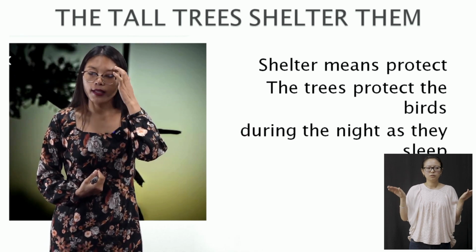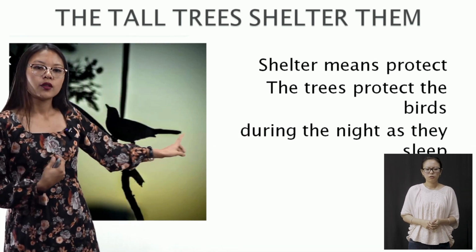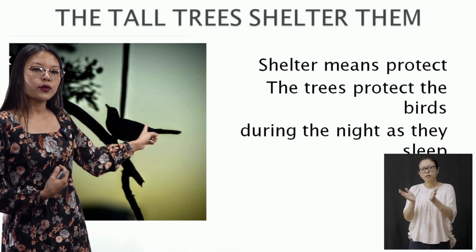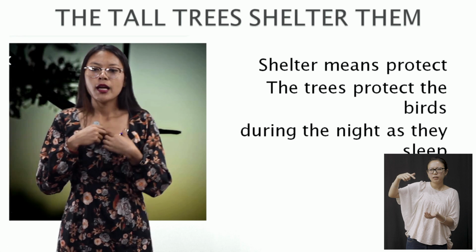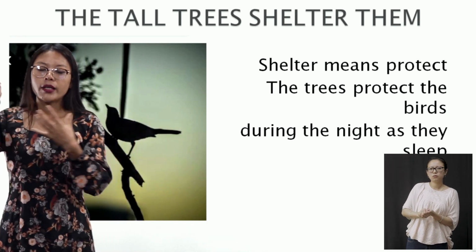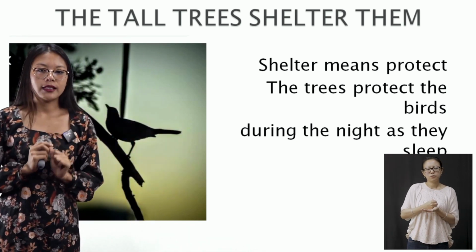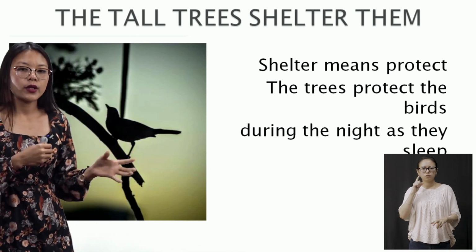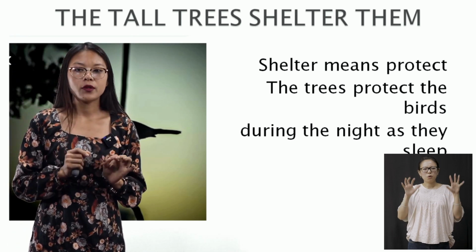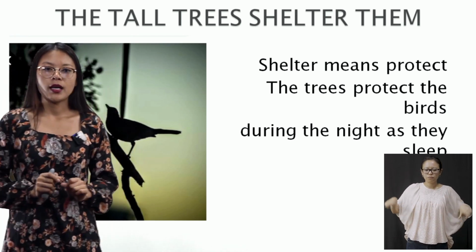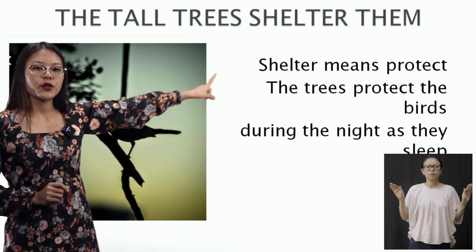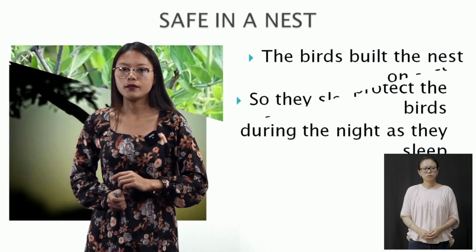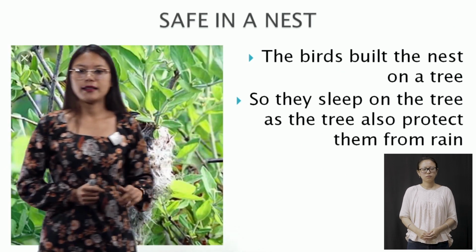They not only give shelter to the birds to rest, but also so that they feel protected. When it rains, the leaves will cover the little birds, and when a wild animal comes, the trees will protect them from all harm. That is why the tall trees shelter them. Them means birds, okay?